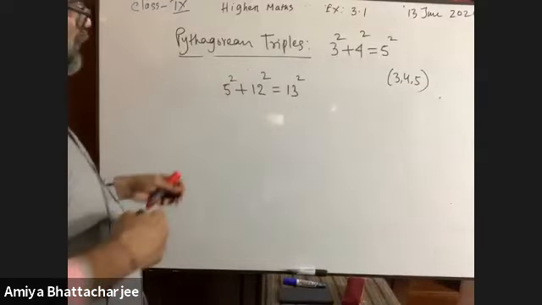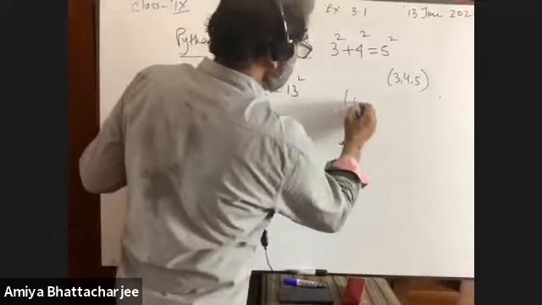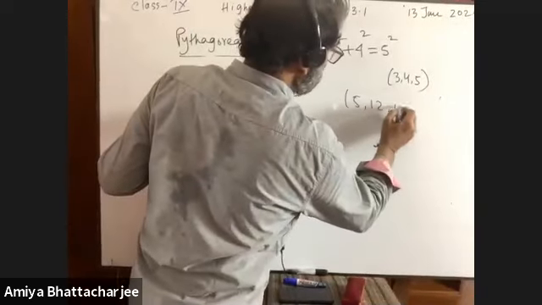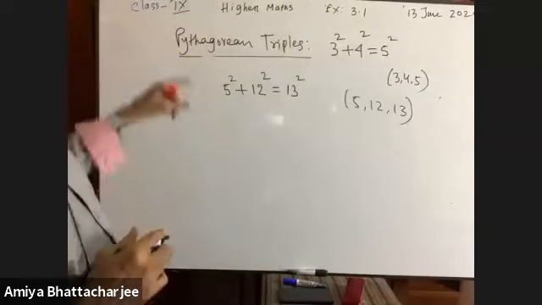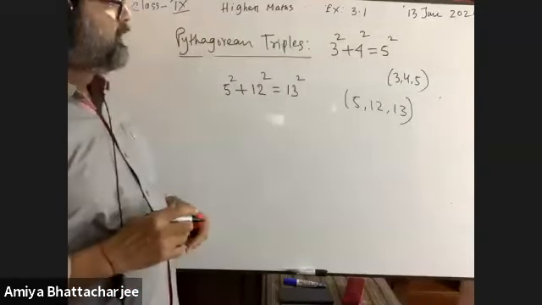So we can call this 5, 12, 13 is also called Pythagorean triples.